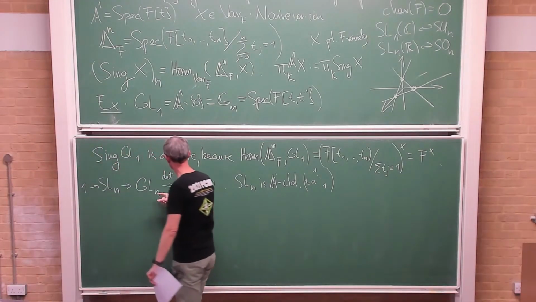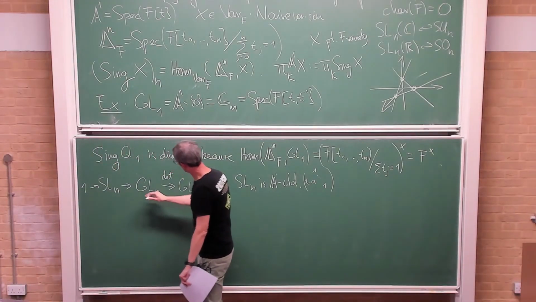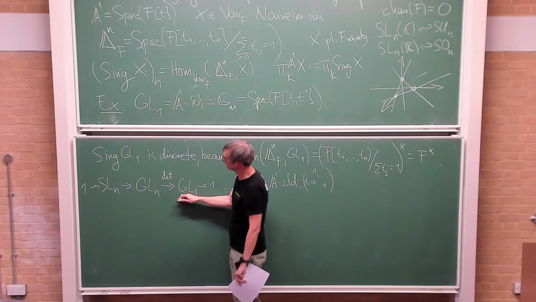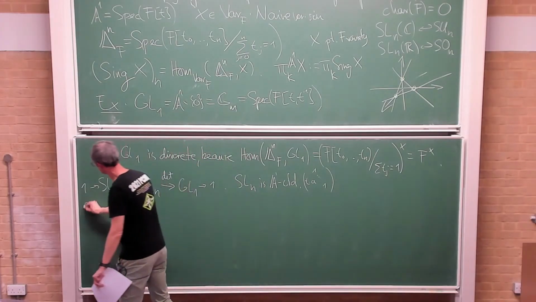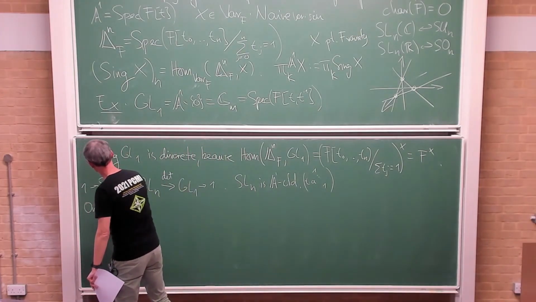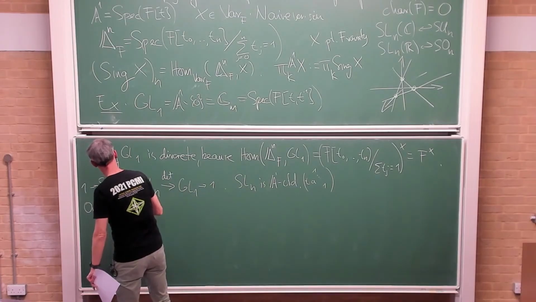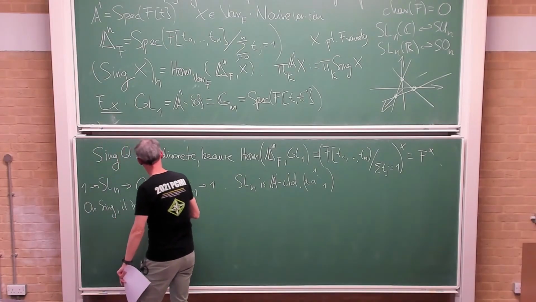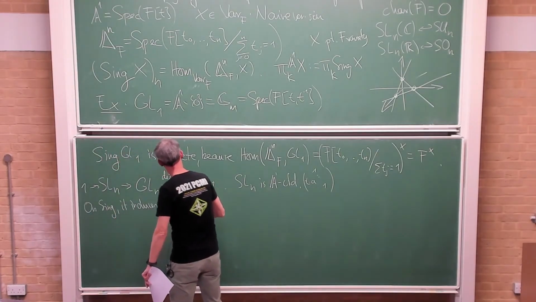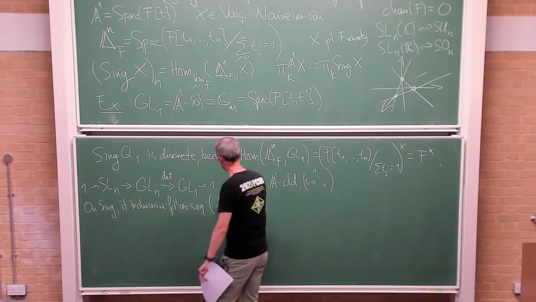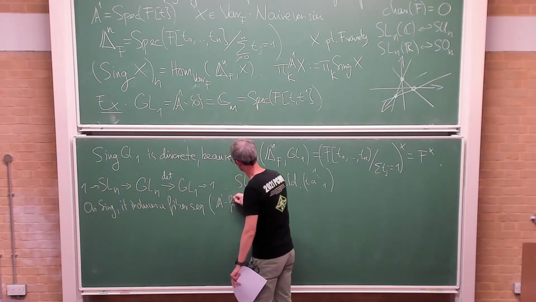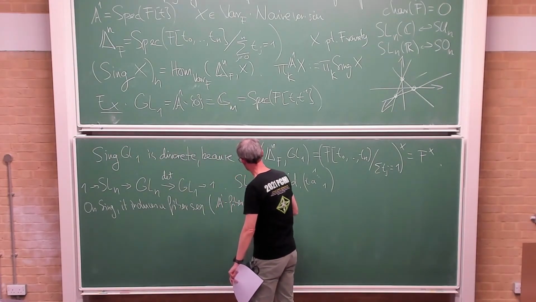Okay, and here's another thing. This here is actually a nice fiber sequence. So on Sing, it induces a fiber sequence. So maybe the short term will be A1 fiber sequence.